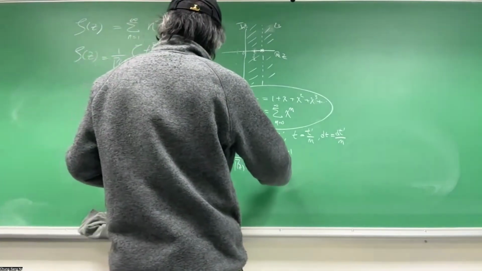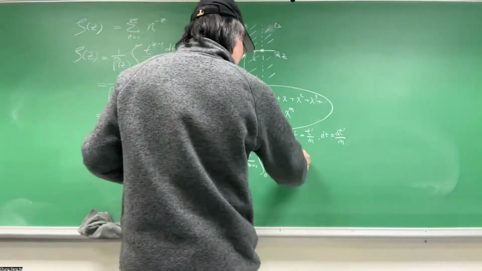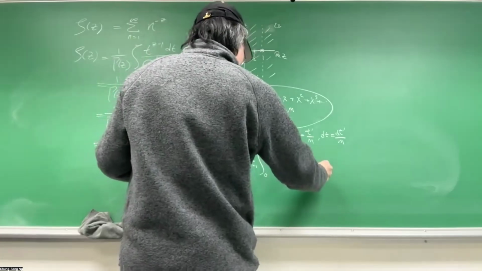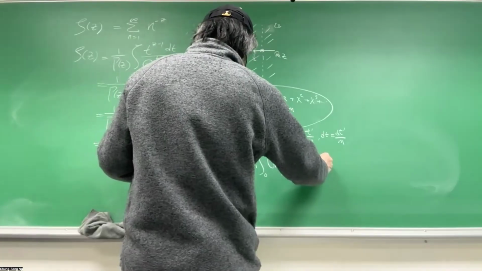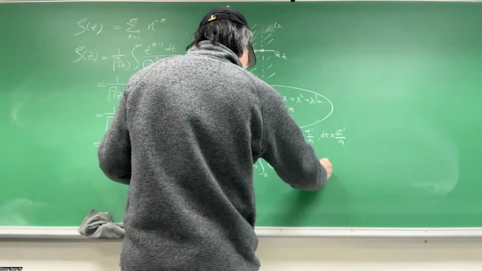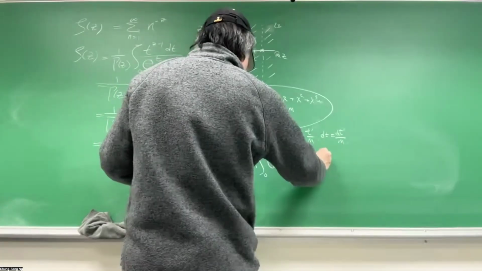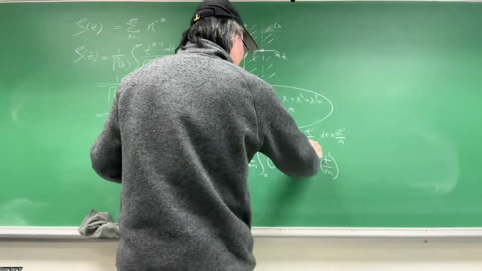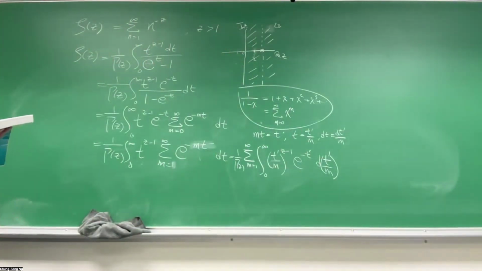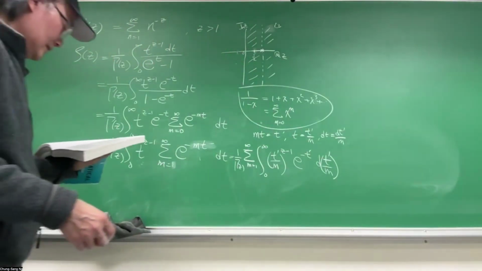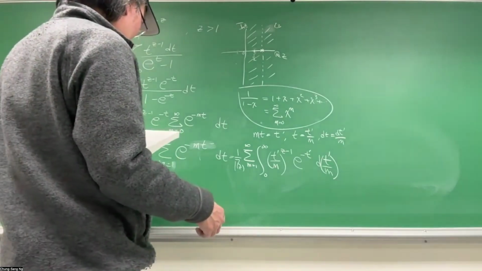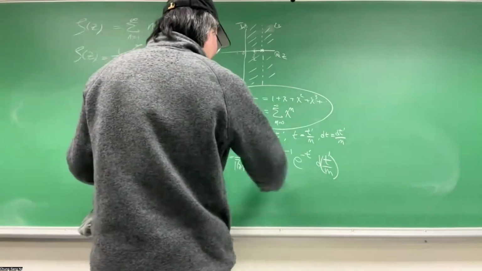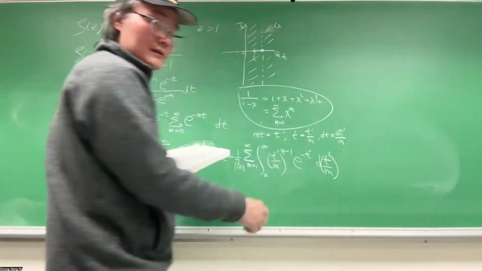And then this is e to the minus t pi, and this is dt pi over m. Now you get all this m out of the summation.